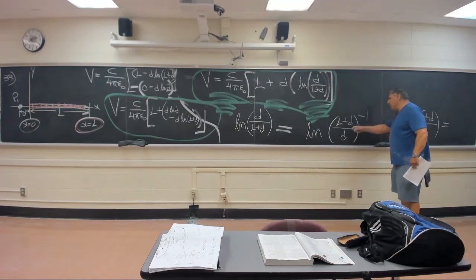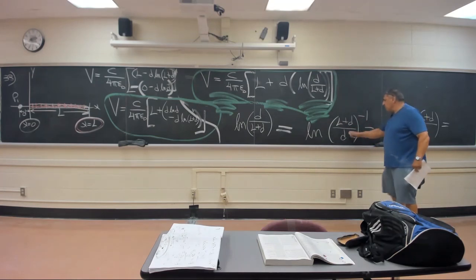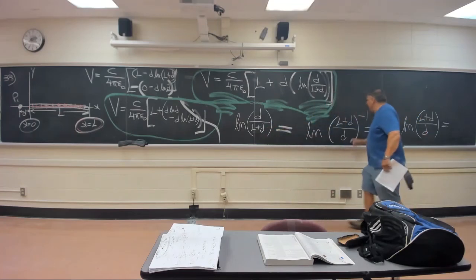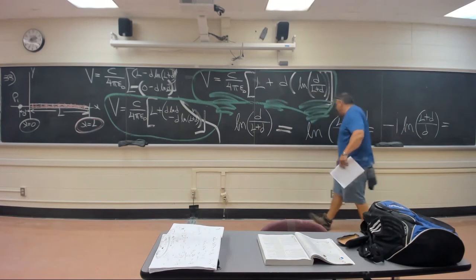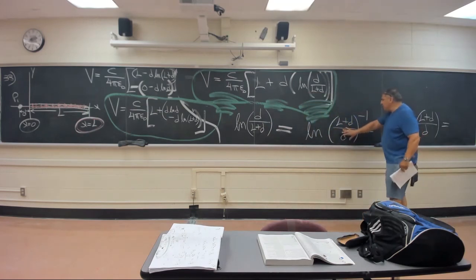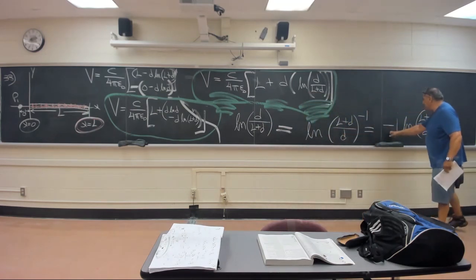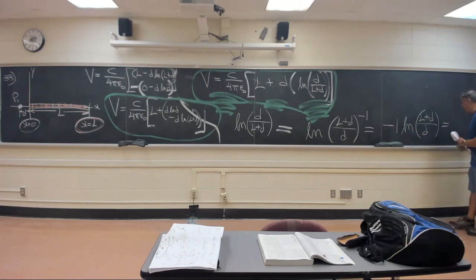If you get the reciprocal of the reciprocal, you get back to where you started. The reciprocal of this is what you originally had. The ln of something to an exponent is the exponent times the ln of the thing that's there. Wait a minute. Isn't that the same? D goes into D one time. And L over D is this.